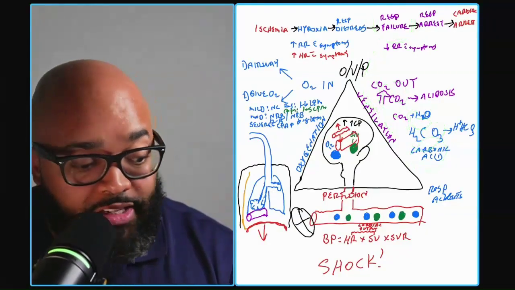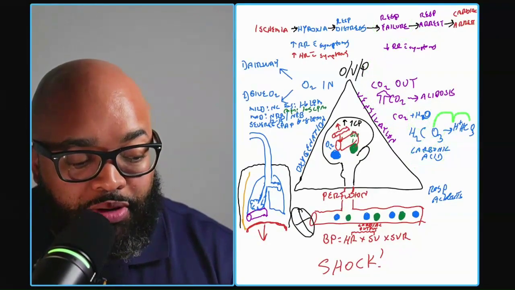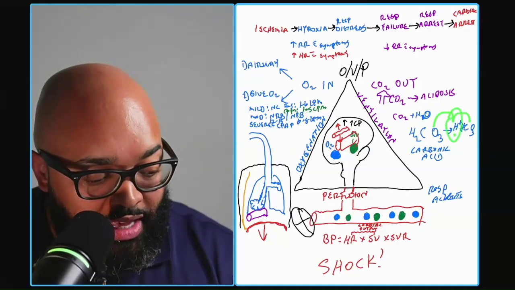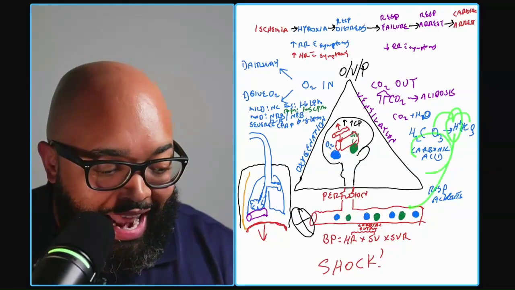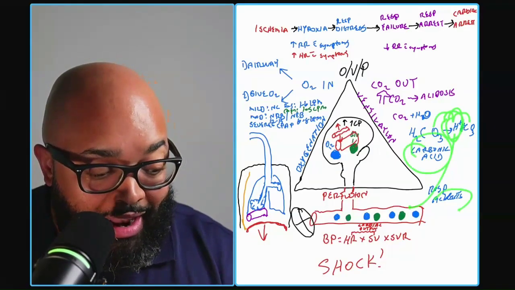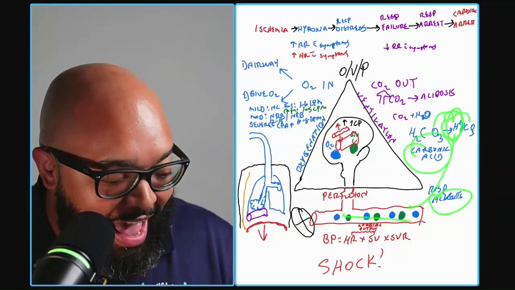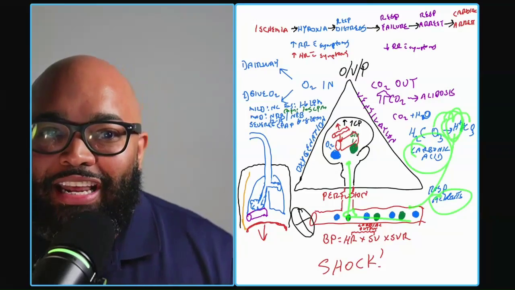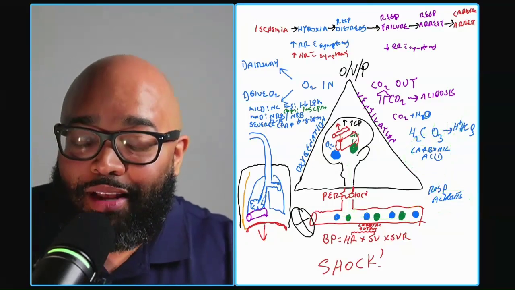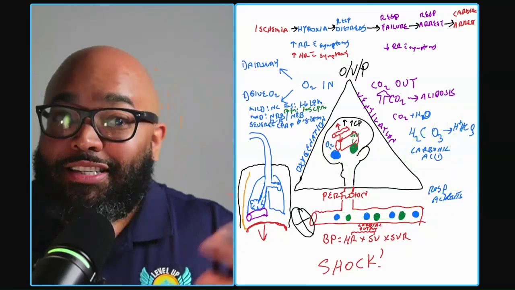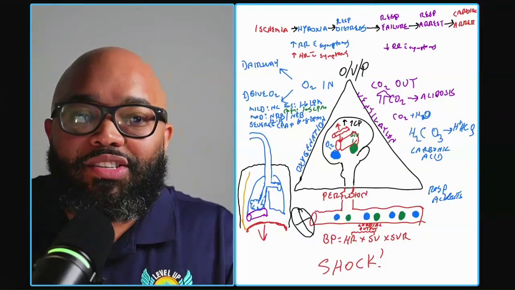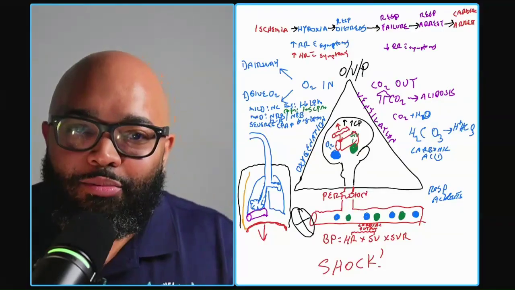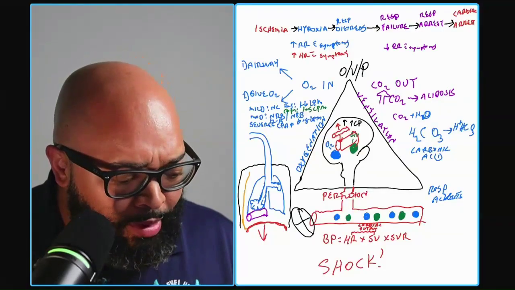That carbonic acid dissociates into hydrogen plus bicarb. The hydrogen in the blood, that's more acid. So now we have acid here, acid there. Now we have acidosis. The acidosis gets into the bloodstream. When the acidosis goes to the brain, they're going to be altered, sleepy, obtunded, lethargic, somnolent, any of those fancy words. All I'm saying is the brain's not working because the brain's getting sleepy. Okay?